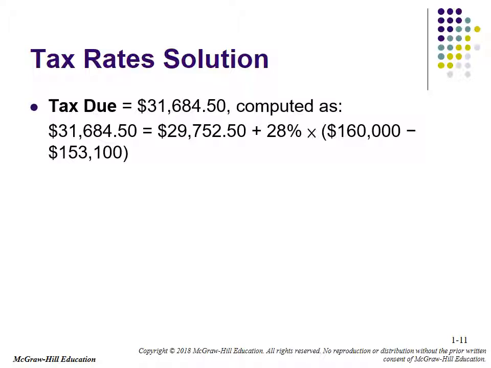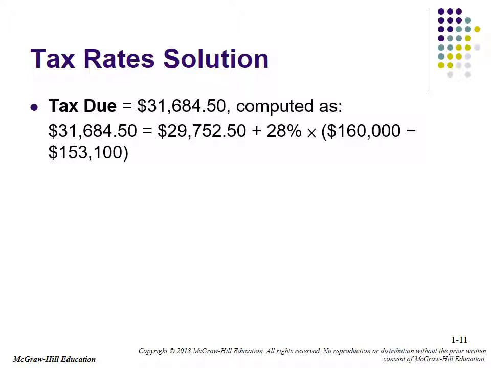The computation is kind of weird. It says take $29,752.50 and add that to the following computation. The amount of taxable income, which in their case was $160,000, in excess of $153,100. So we subtract $153,100 from the $160,000. I actually have a calculator in front of me.